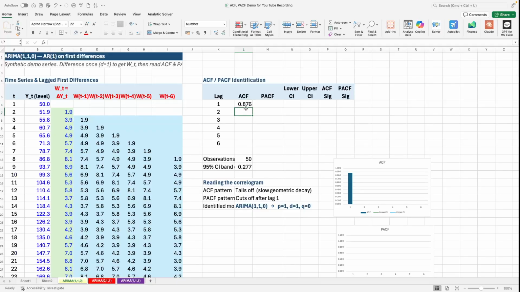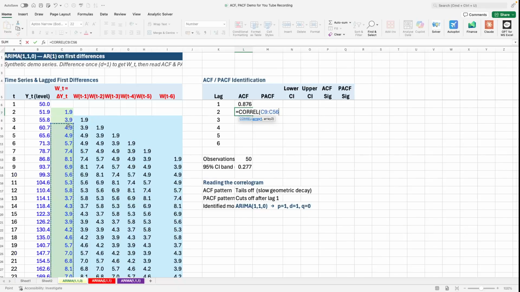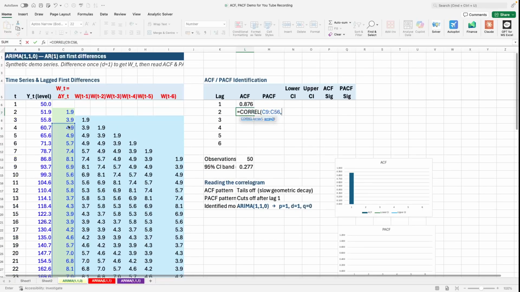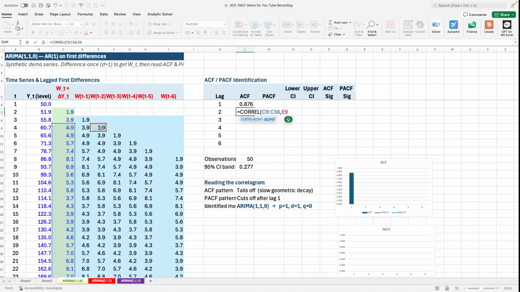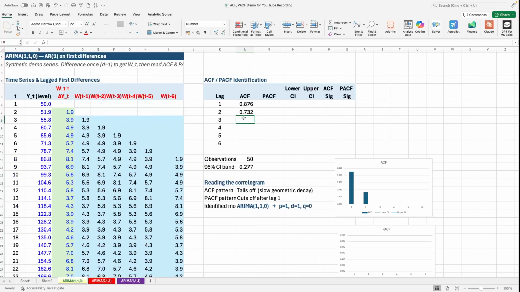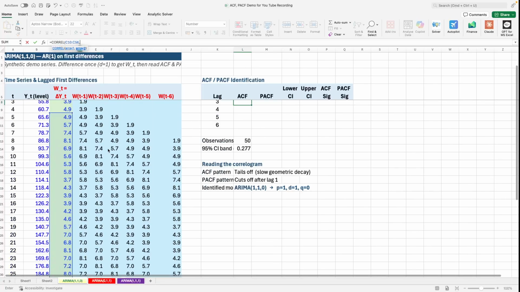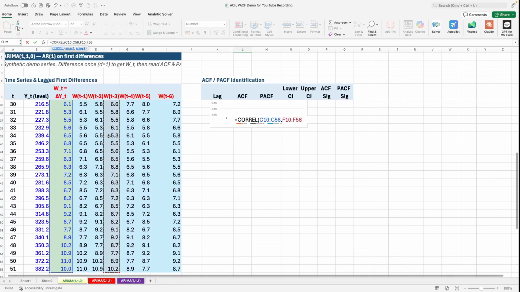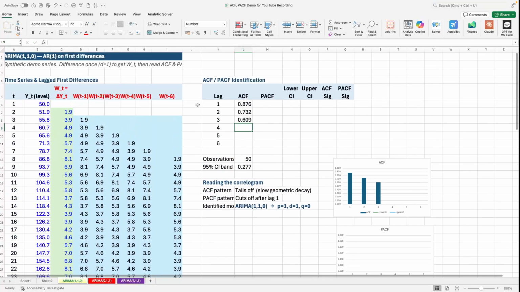Similarly, for the second lag, we drop one row and take the correlation with this data. For the third lag, we drop one more row down and take the correlation of this. So it's simple correlation. There is no big magic here.